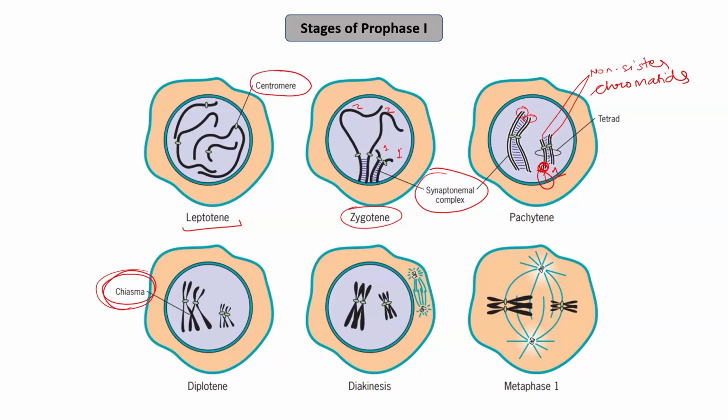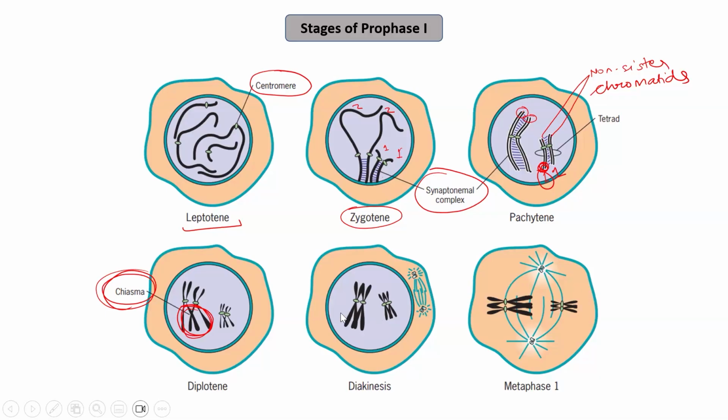During the formation of chiasmata, we can see that there is an interaction between the non-sister chromatids. The chromatid from one homologous chromosome interacts with the chromatid of the other homologous chromosome, and therefore the recombination happens. So the genetic material gets exchanged and the recombination happens.